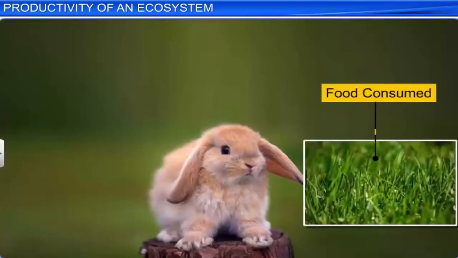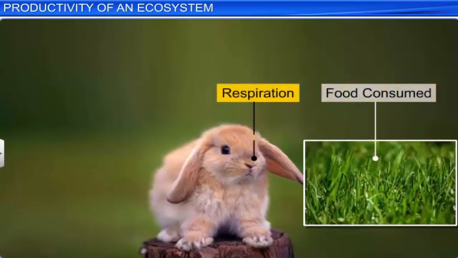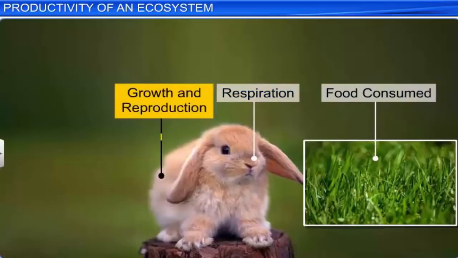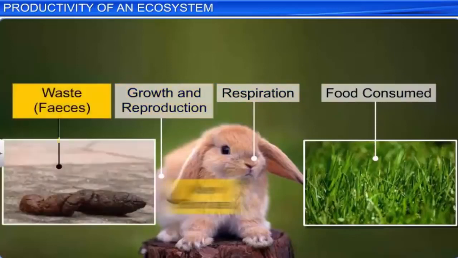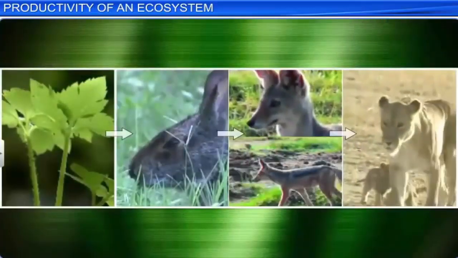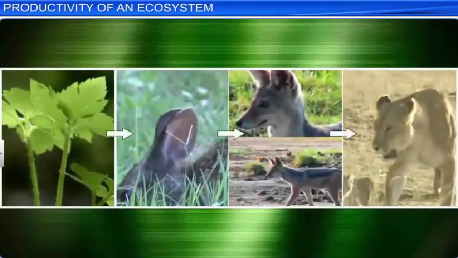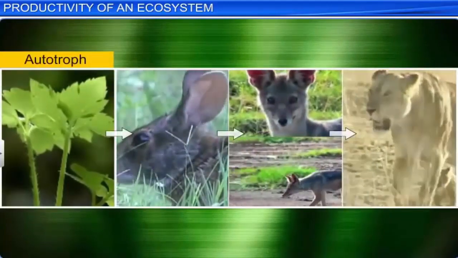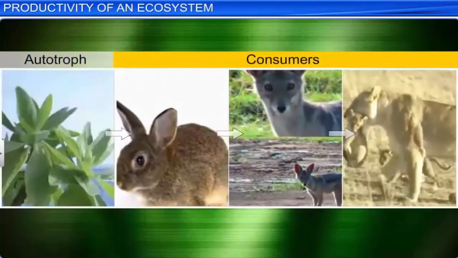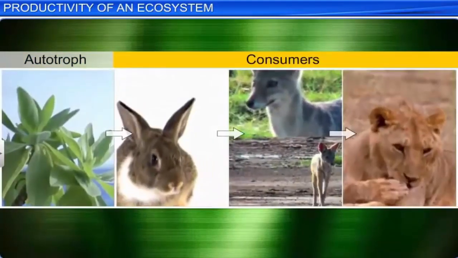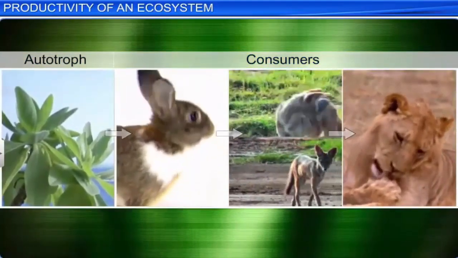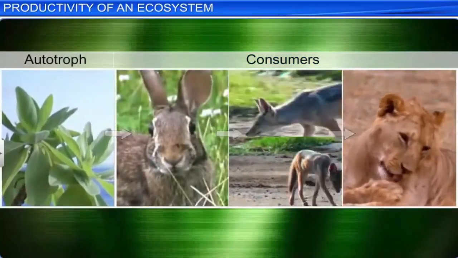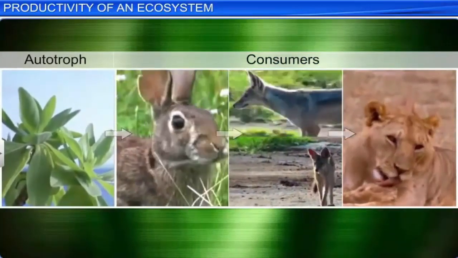A part of the food consumed by heterotrophs is assimilated and is used for various metabolic activities such as respiration, growth, and reproduction, and the remaining is stored as biomass. Thus, the food or energy assimilated and stored by autotrophs is passed on to the consumers. Moreover, the efficiency with which this energy transfer takes place from one trophic level to the other is called energy efficiency.